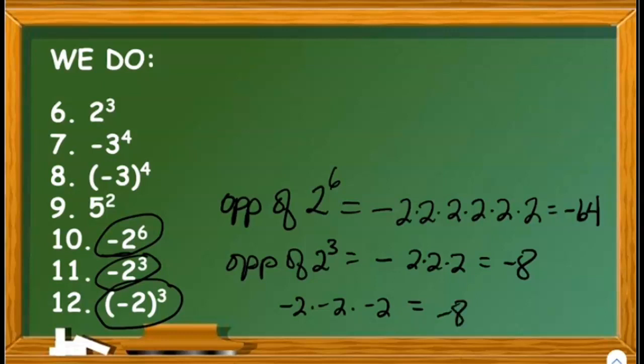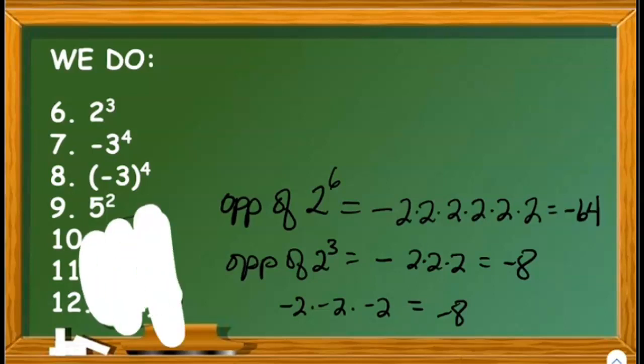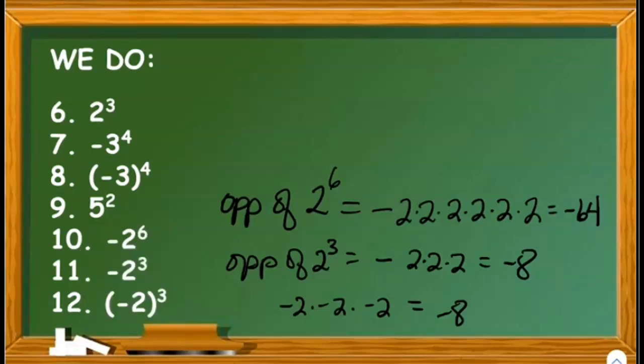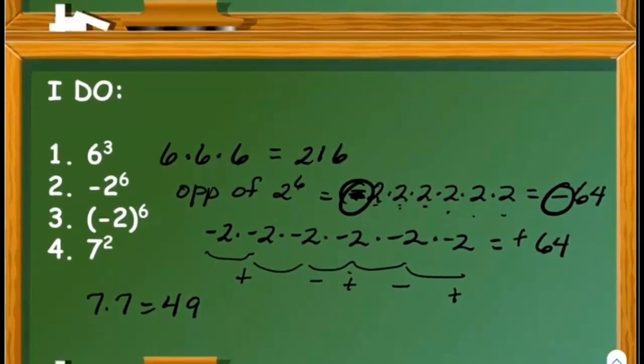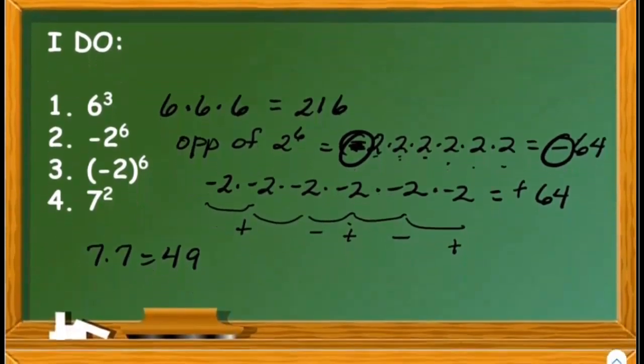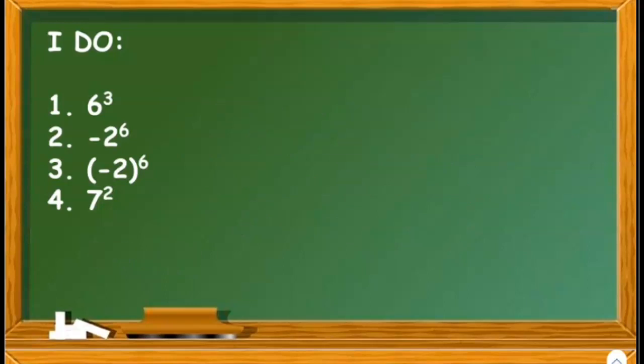Okay, now I'm going to ask you to take a look at something real quick. Let me clean this up. Okay, and then we're also going to go back to the first set. So I'm going to scroll back down, and I just want you to take a look at what we did earlier, and you can look at your own. I'm going to clean off a little bit of this so it's not quite so messy. Okay, when I had a negative 2 to the 6, this answer was a negative 64.